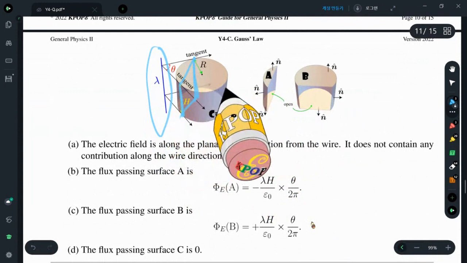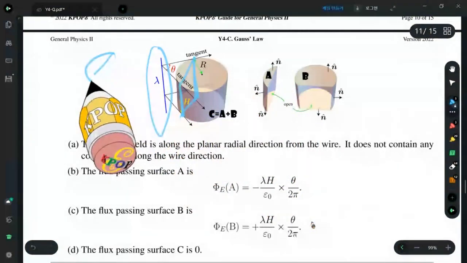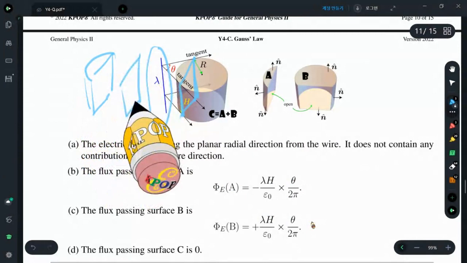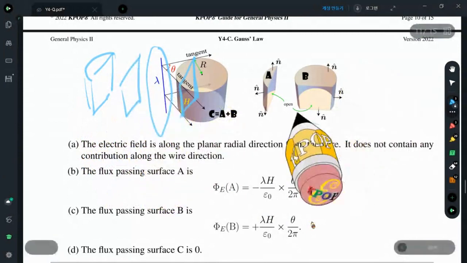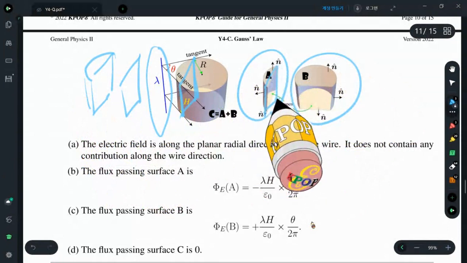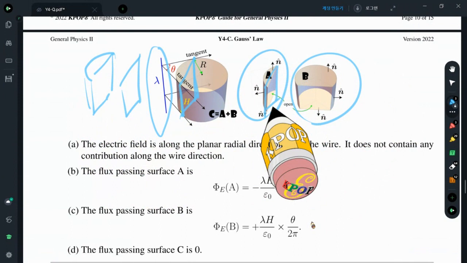This one shares this and this, and the remaining piece, A, B, and this rectangle share all of the boundary.